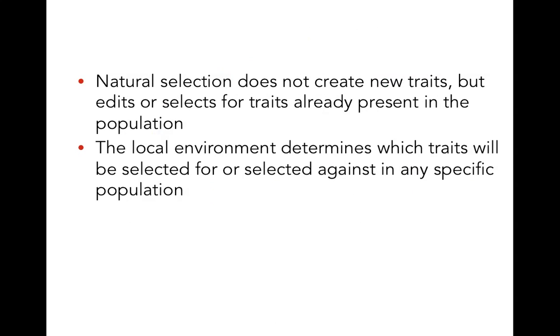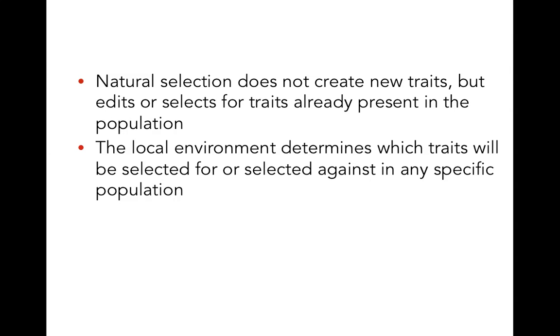So an important thing to remember is that natural selection is not a process of creating new traits, but when new traits develop, the environment can select for traits that are present. So methicillin resistance probably existed in low frequency in the population, but maintaining that gene does require energy on the part of the organism.